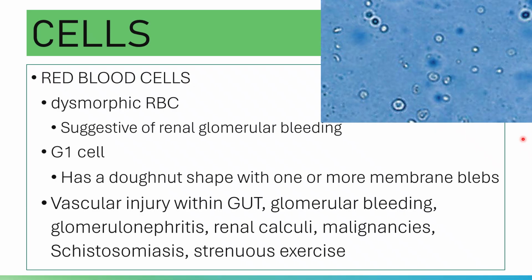Your G1 cell is a red blood cell that has a donut shape with one or more membrane blebs. According to studies, the G1 cell is more specific than dysmorphic red cells in diagnosing glomerular hematuria, or glomerular bleeding.